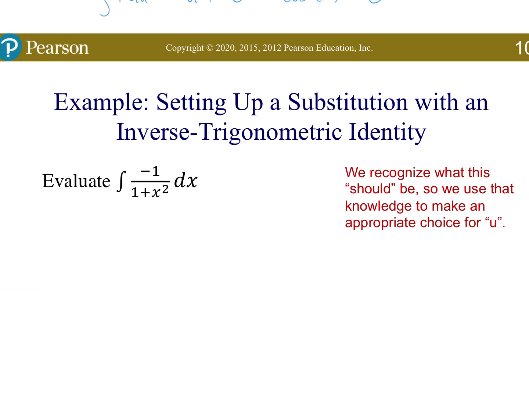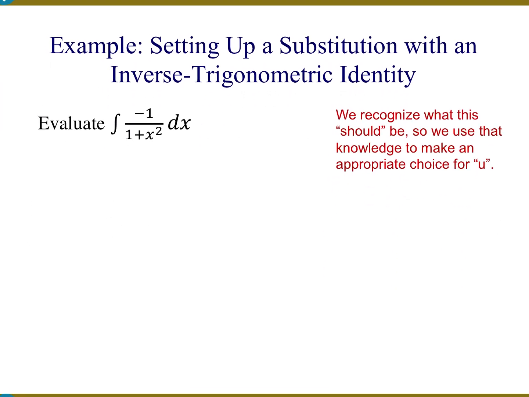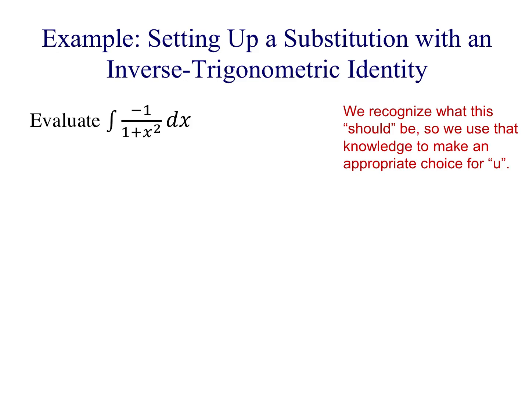All right, let's try it. How about this one? Okay, so with that in mind, Gracie, what do you know you want to get here? Yes. You know you want to get cotangent inverse.